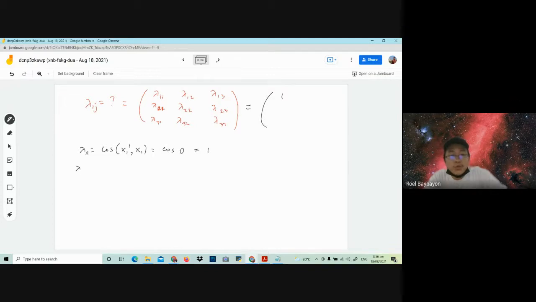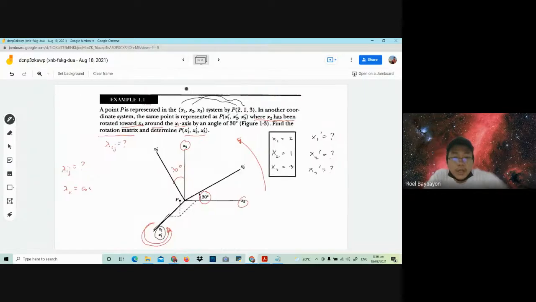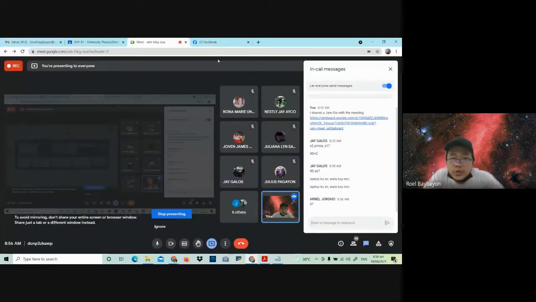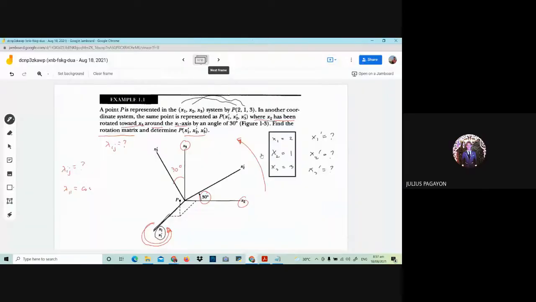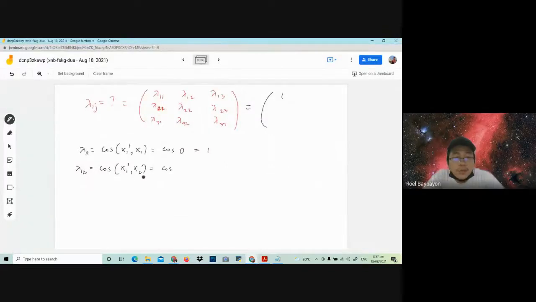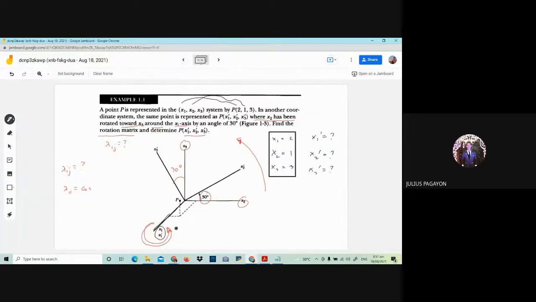Lambda 1 2 is equal to the cosine of x1 prime and x2. This is equal to the cosine of the angle between x1 prime and x2. What is the angle between x1 prime and x2? 90 degrees.